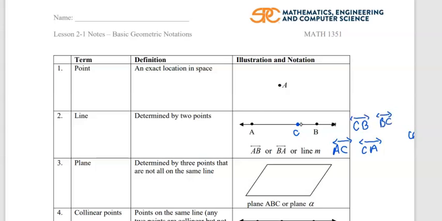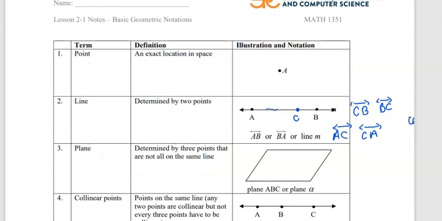Because a line is determined by 2 points, it's named by any points, even though there can be more than 2 points on the line, but it's determined by 2 points. And I want you to realize, though, when those arrows go out, there are really an infinite number of points on this line. It's just determined by the 2 points that you choose to name it.